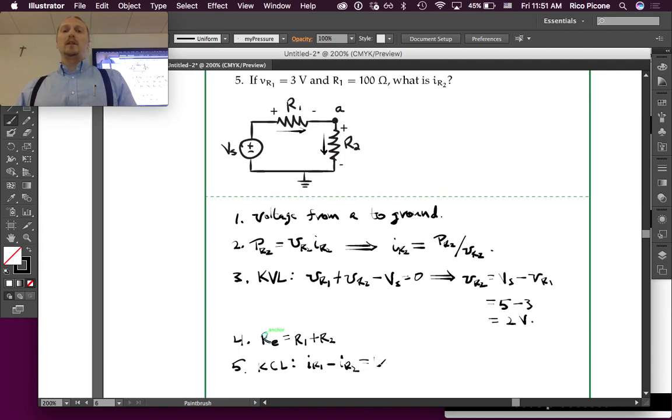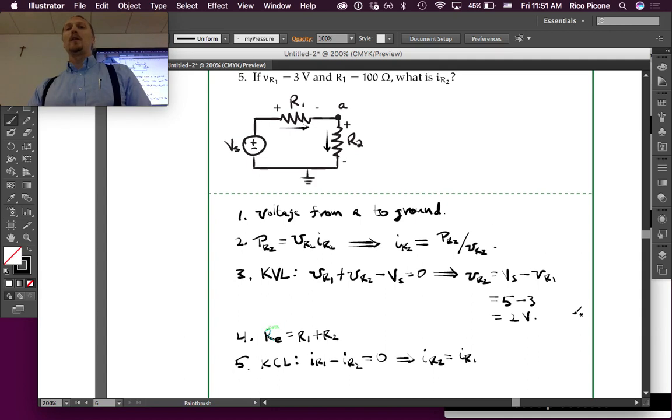And that has to be equal to 0. So IR2, which is what we want to know, is equal to IR1. And IR1 we can find because we know the voltage across it and we know the resistance.